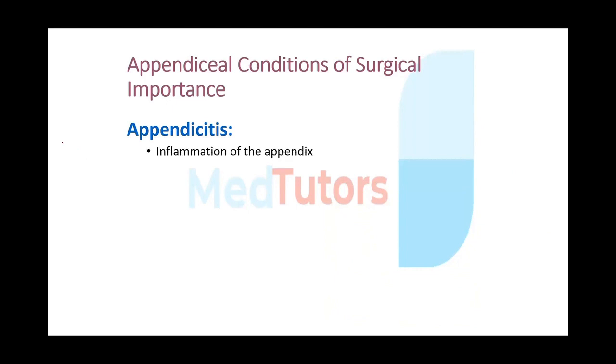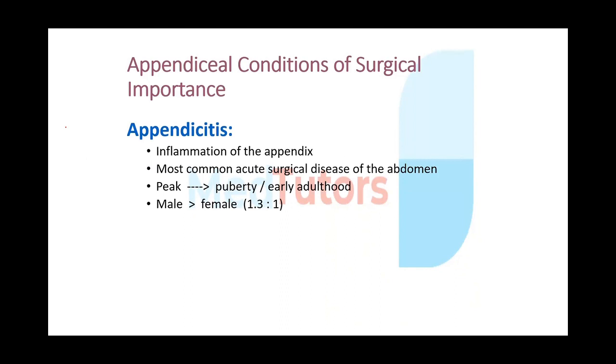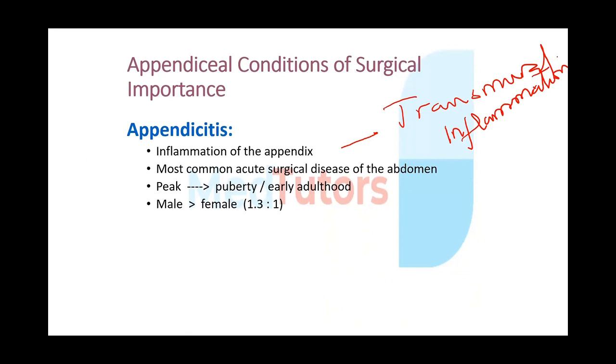Now, acute appendicitis, as we said, is a transmural inflammation of the vermiform appendix. And you should know it is the most common of surgical emergencies.